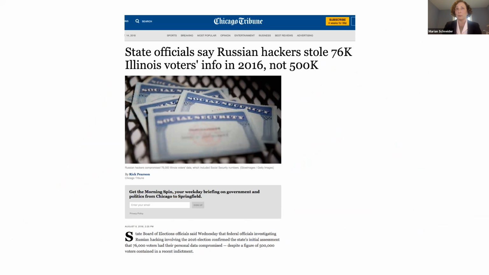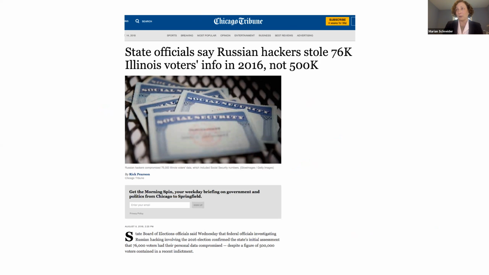Some bad actor might be able to get into the voter rolls and do something, for example, change registration information. And what that might mean is that voters might show up at the polls. They might be told they're at the wrong polling place. They may be directed to another polling place. This could cause long lines and confusion and a little bit of chaos.